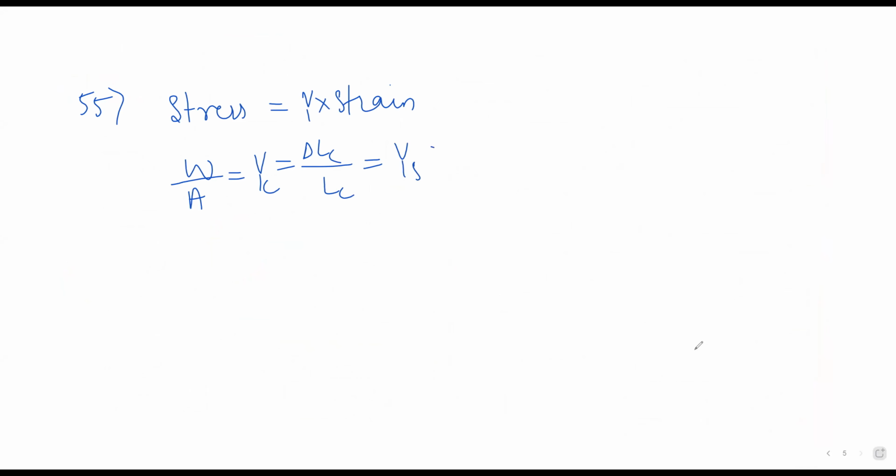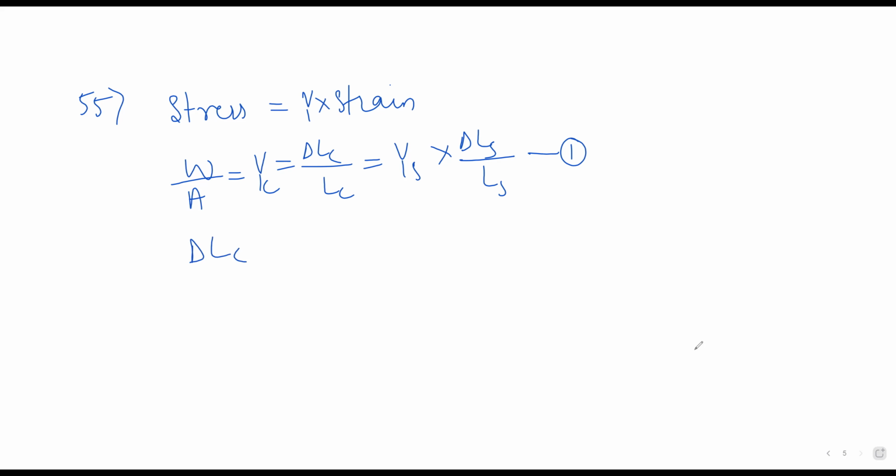So stress is given by the formula Young's modulus into strain, or it can be represented as W by A is equal to Yc into delta Lc divided by Lc, or Young's modulus of steel into delta Ls divided by Ls. Consider this one as equation 1. So C and S refer to copper and steel.